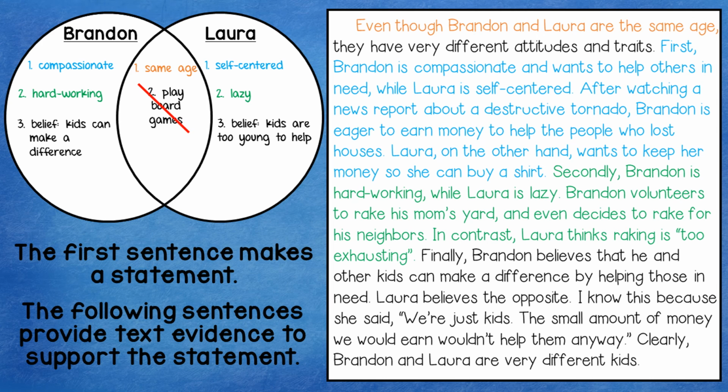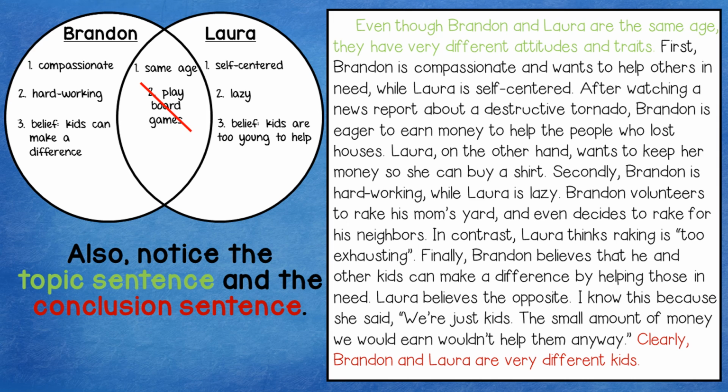Then we have the second differences that we were pointing out to contrast Brandon and Laura, hardworking versus lazy. And then we have the last one here in pink, where Brandon's beliefs and Laura's beliefs and how they're different are expressed in our passage.